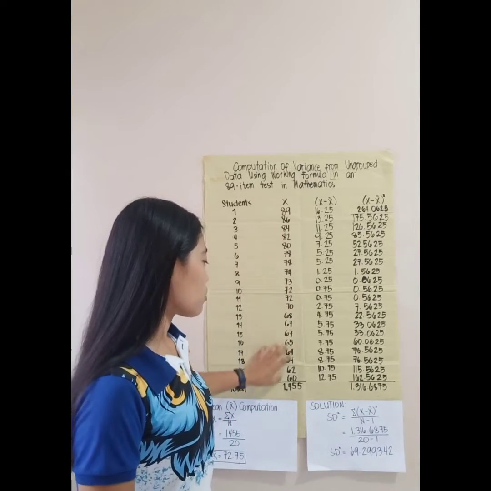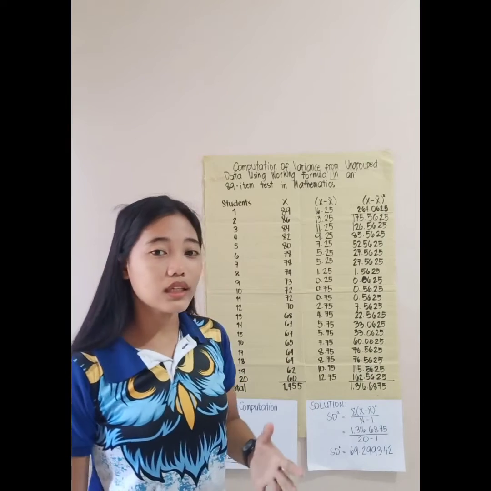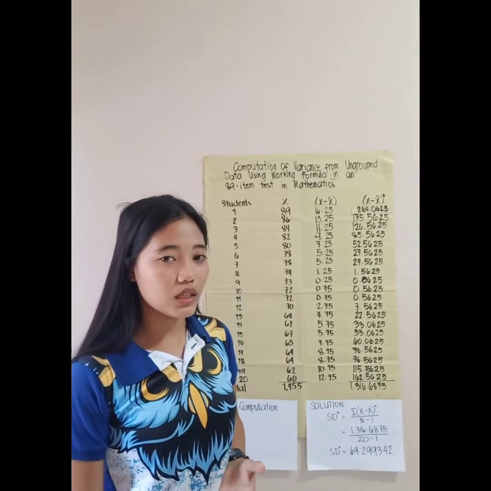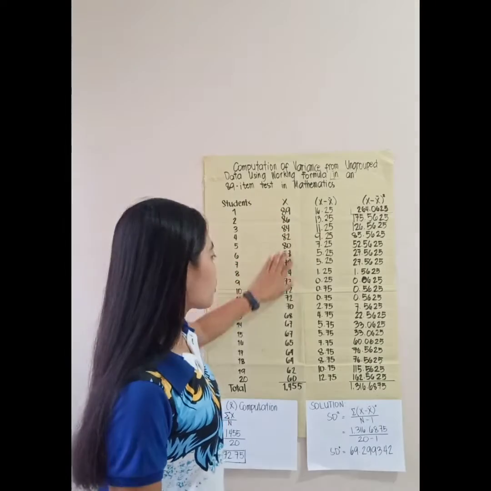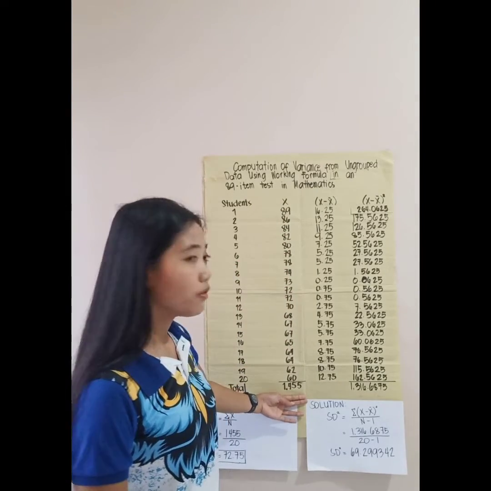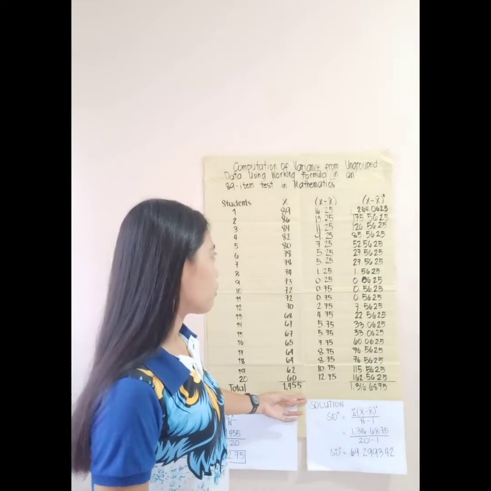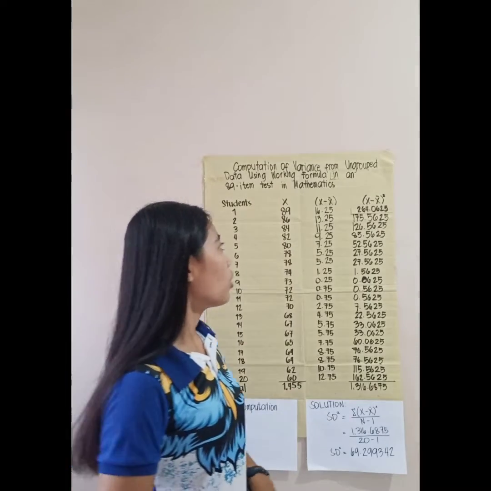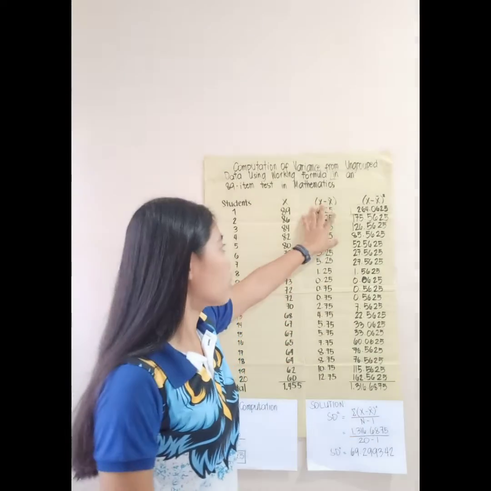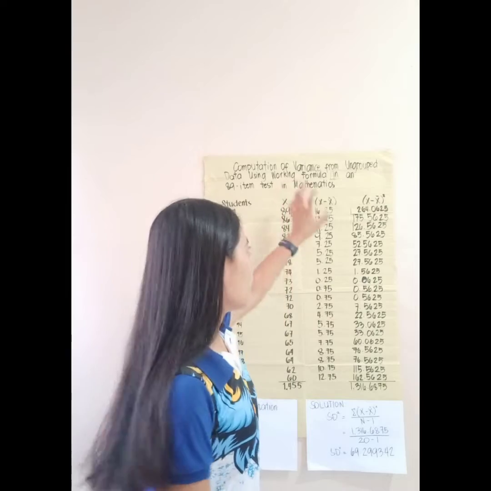These are the scores of the students who took the 89-item test in mathematics. If you total all of these scores, we have the result of 1,455.